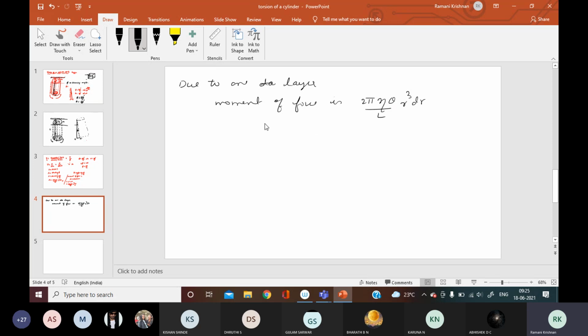Due to all the layers, we have to integrate. Integrate from where to where? What is the radius of the cylinder?